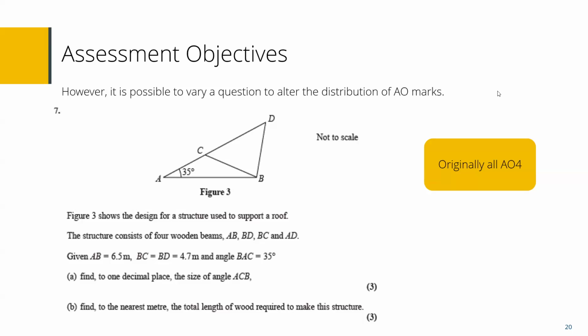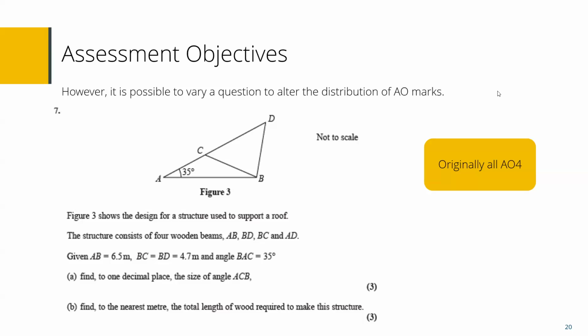So changing the words, for example, if we look at the first 2 sentences: figure 3 shows the design of a structure used to support a roof. The structure consists of... if we change that and said, in figure 3, ACD is a straight line, that changes immediately the assessment objective 4 there.